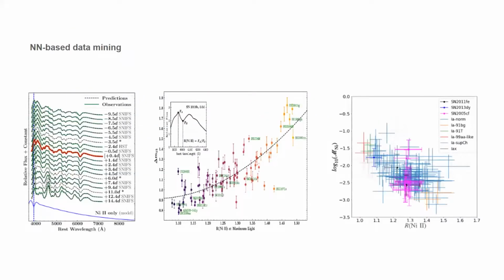We have been working on trying to model supernova spectra with neural networks, with the latest developments that can handle this massive amount of data. Here I show something that is actually not a physical model. This is just using a neural network to interpolate the data.